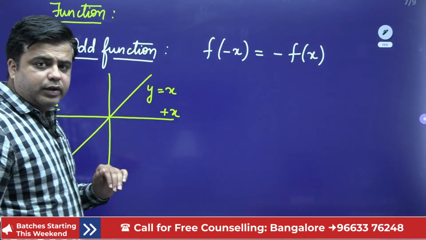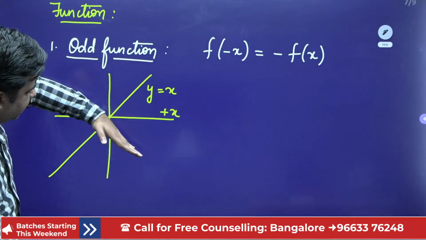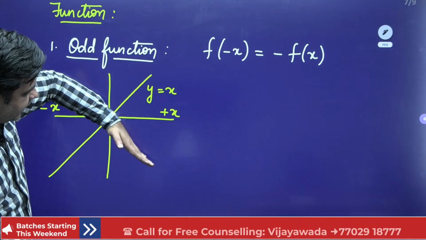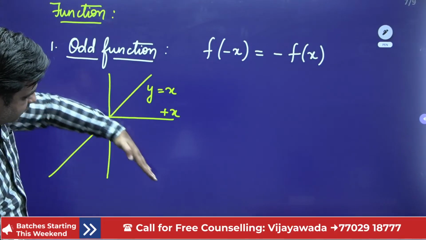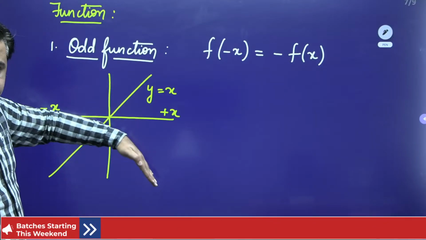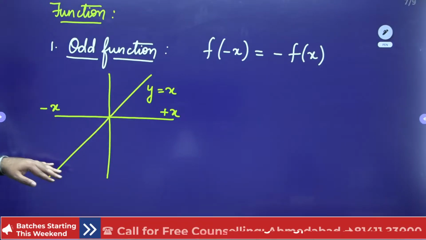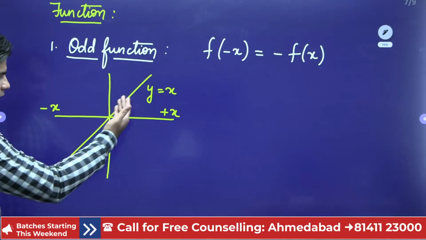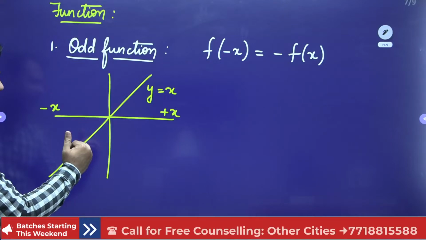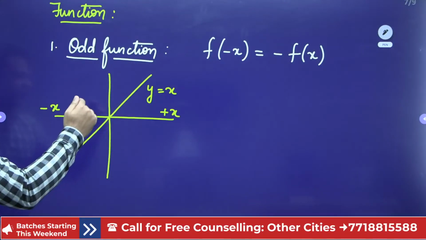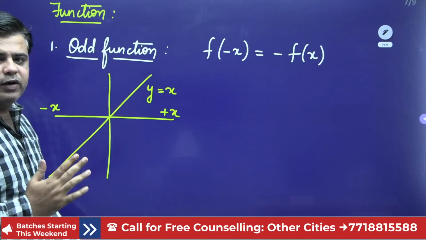What you have to do is keep a mirror like this, inclined at 45 degrees in this way. If you get the mirror image on the other side of the same function, then that function will be an odd function.